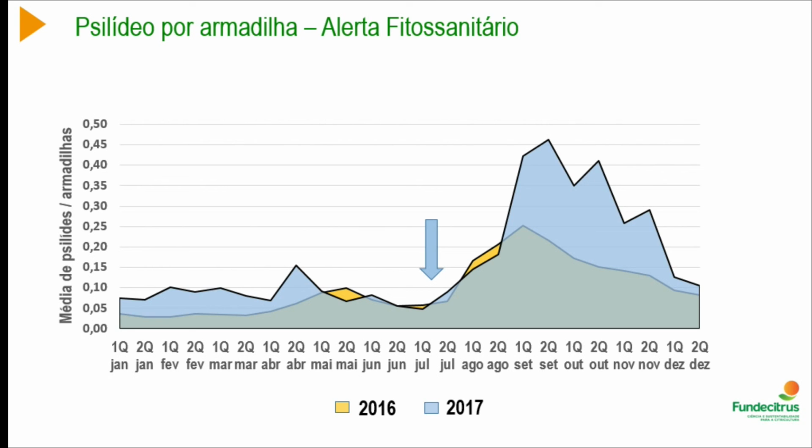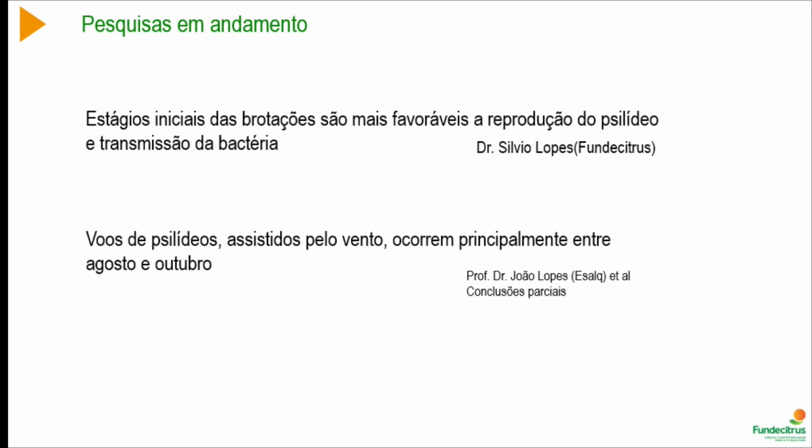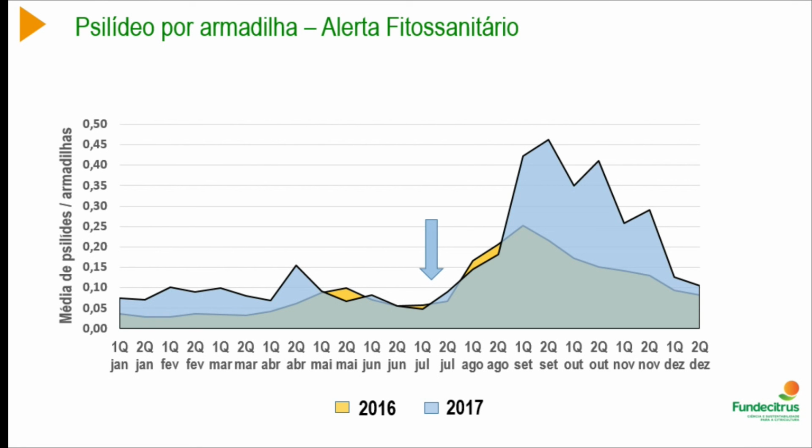And important once again, now talking about the psyllids, they have a behavior similar to the sproutings. In the two different years, 2016 and 2017, also in the second half of the year we have more shoots than in the first half. In different years the population of psyllids is different, and that is because of sproutings.